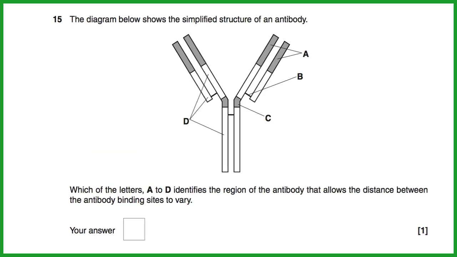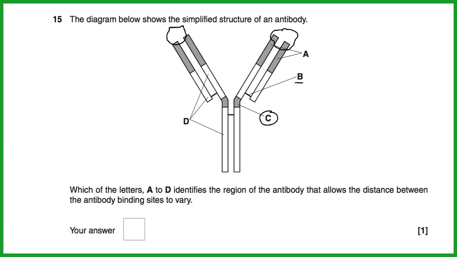So now we've got a simplified structure of an antibody. When you're looking at an antibody, you should identify A as the variable region, which is complementary to the antigen. And then you should identify B as bonds between the polypeptide chains. And C you should identify as the hinge region.